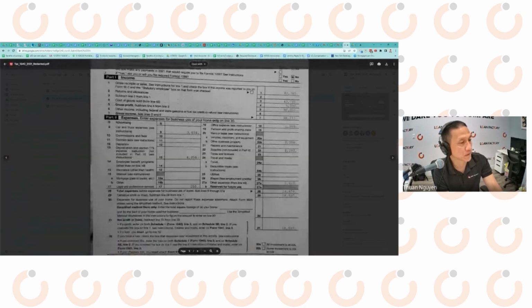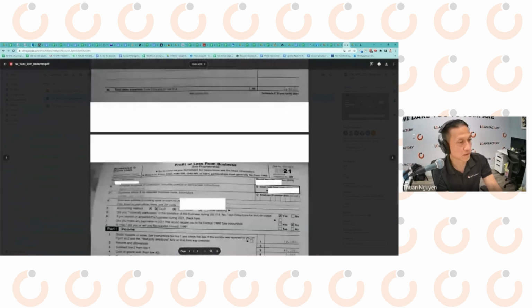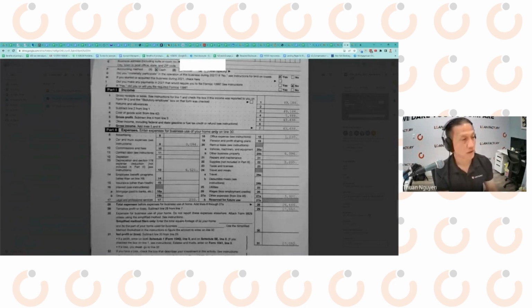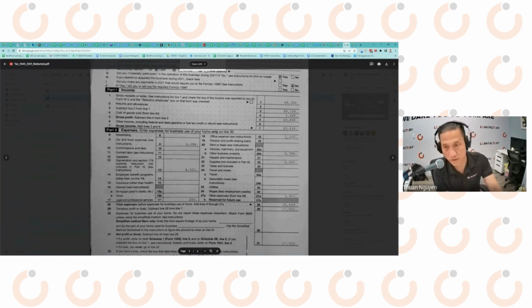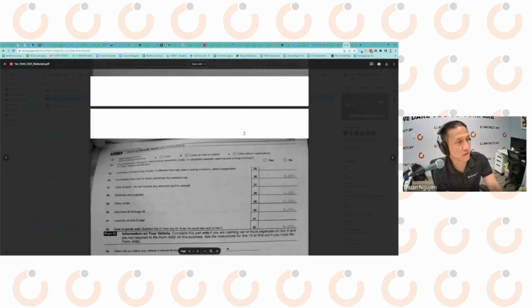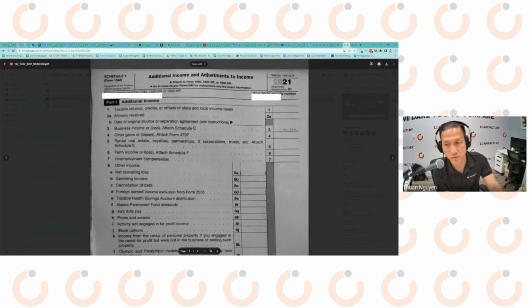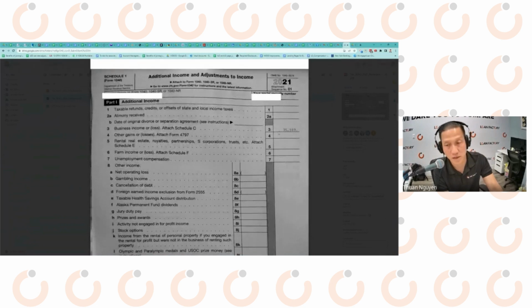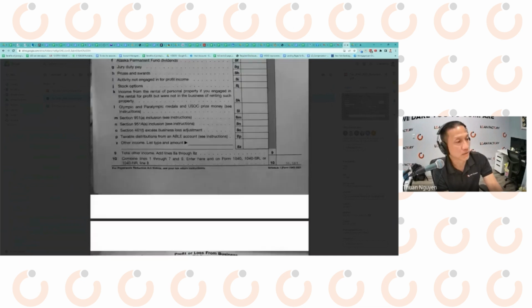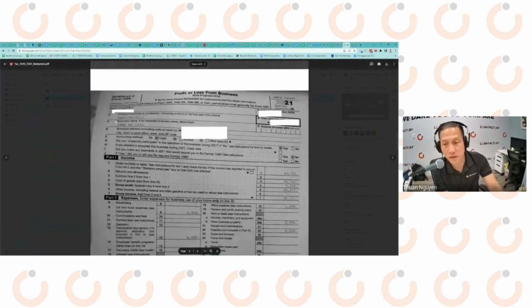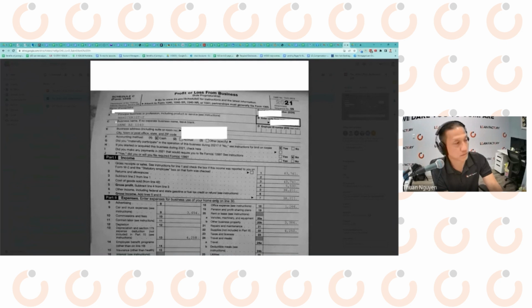This is the first job, 18,000. The second job is 17,000. So in order to calculate self-employed income, you cannot use the total numbers, 35,000 and 43,000. This is not allowed. You have to calculate based on each individual job or self-employment or business.